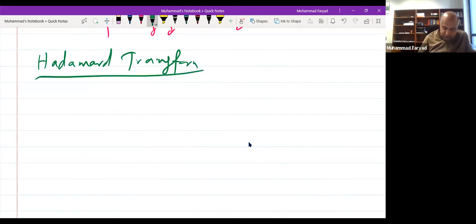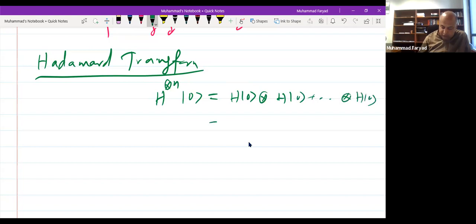Before this, we just saw that applying the Hadamard gate to each of these 0 states was equal to Hadamard on this 0, Hadamard on this 0, and so on, Hadamard to the last 0, and we got this linear superposition with positive amplitude 1 over square root of n of x from 0 to n minus 1. This is what we got.